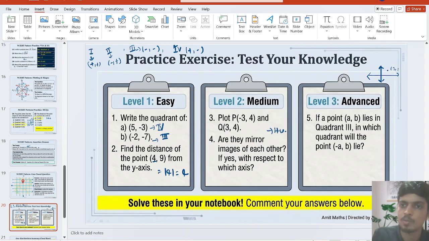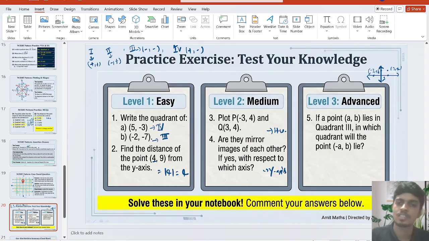So this is a 3 and this is a 4. And where is (-3, 4)? This is -3, 4. This is the mirror. The mirror acts as what? The y-axis. So the y-axis is its mirror. Okay.